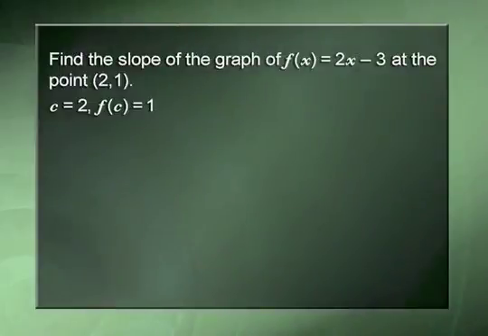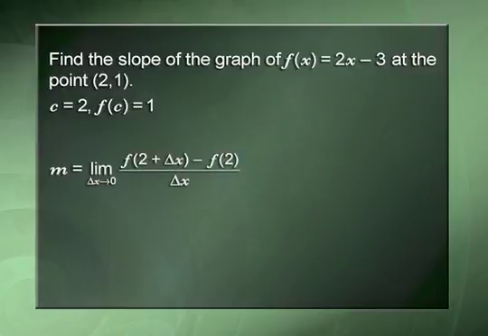So here we go. Here are the characters. The point that we're approaching is 2. So c will be 2, and f of 2 is 1. That's f of c. So we use our definition. It's the limit as delta x goes to 0, f of 2 plus delta x minus f of 2, all divided by delta x. Now watch what happens. What's f of 2 plus delta x?